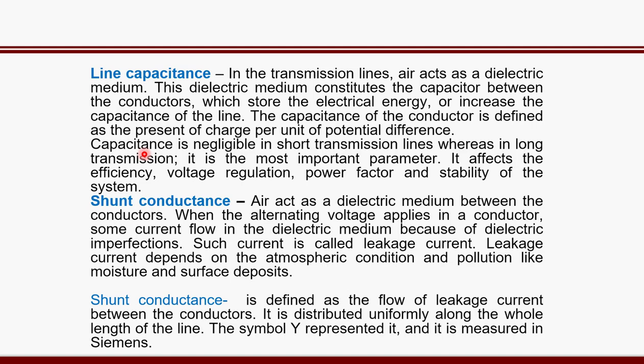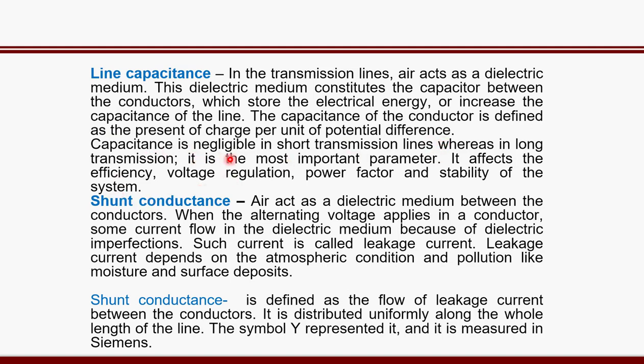So a transmission line must have this capacitor effect. The dielectric medium constitutes the capacitor between the conductors, which stores electrical energy or increases the capacitance of the line. The capacitance of the conductor is defined as the charge per unit potential difference.